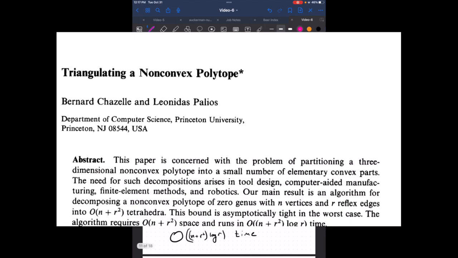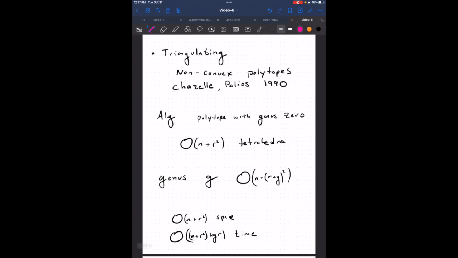And here the authors give an algorithm that decomposes a genus 0 surface, so think homeomorphic to the sphere, into big O of n plus r squared tetrahedra. So this is a pretty cool algorithm. It sort of takes off these caps and then constructs these walls. That's really clever. But they show, so for higher genus surfaces, the number of tetrahedra depends on the genus.